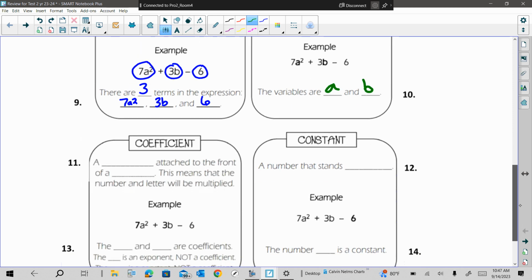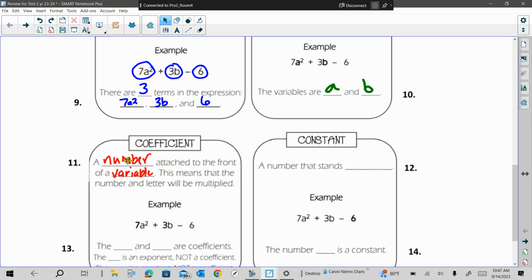Okay, so coefficient. It's a number attached to the front of a variable. The number has to be in front, attached to the front of a variable. This means that the number and the letter will be multiplied.